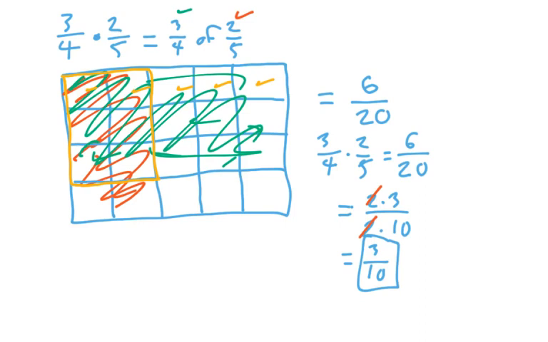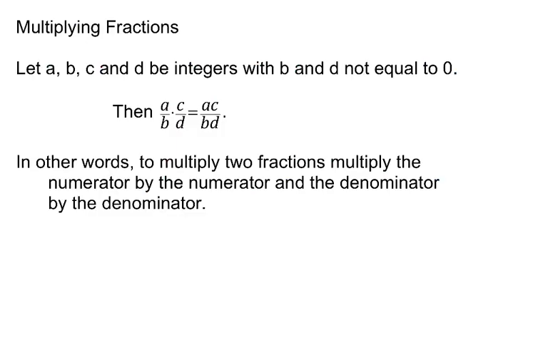But the key thing I want to note here, having illustrated with 2 different diagrams, is the following definition for how you multiply fractions. First of all, in symbols, suppose that A, B, C, and D are all integers, and that B and D are not equal to 0. That's so you're not dividing by 0.